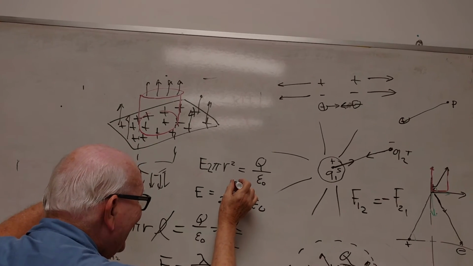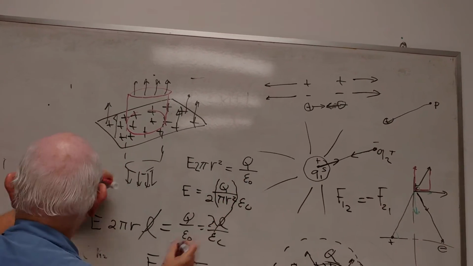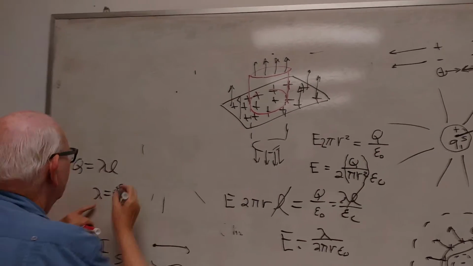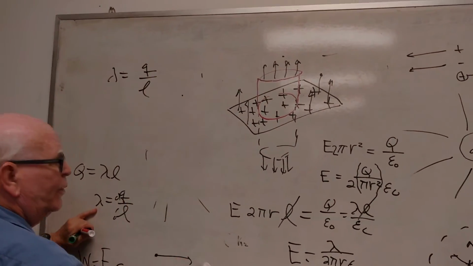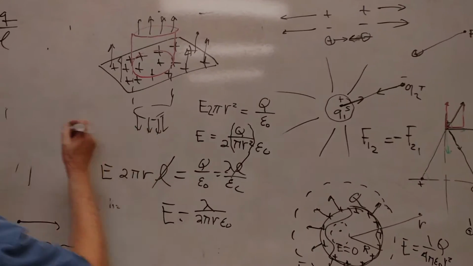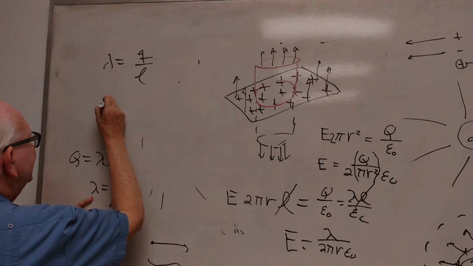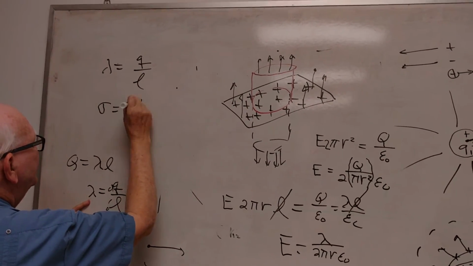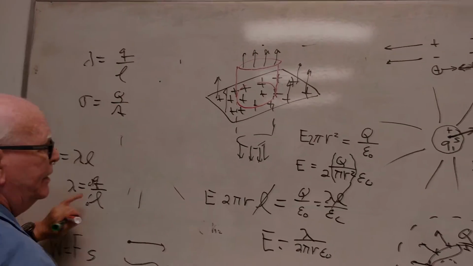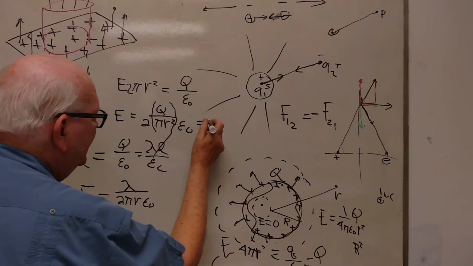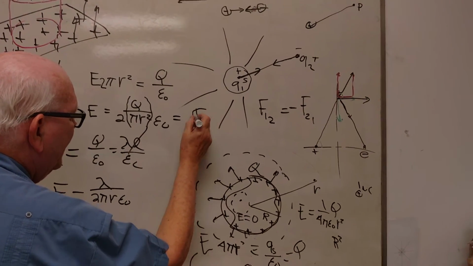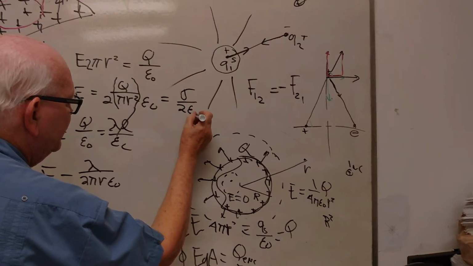And then, like we had a lambda, which is charge per unit length, we create the idea of charge per unit area, which is called sigma. The area here is pi r squared, it's a circle. So we can write the field as simply sigma divided by 2 epsilon 0.